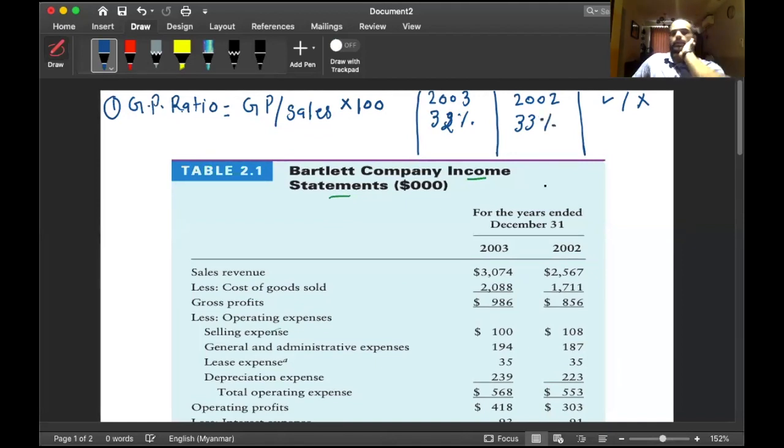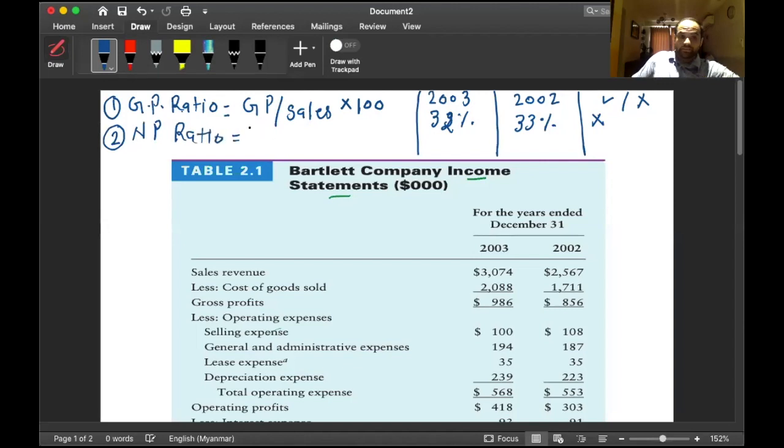So is it good or bad? You have to say good or bad as well. You have to explain to me good or bad. Tell me, is it good or bad? Quickly. In this situation, it's bad, right? Because your gross profit ratio compared to last year has reduced. The second one is the net profit ratio.